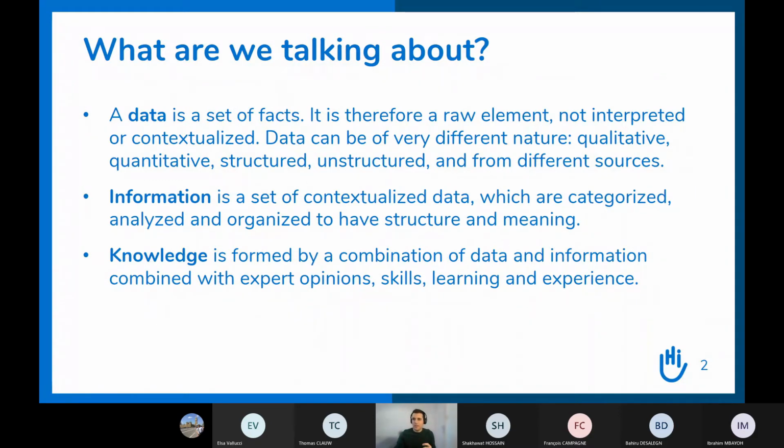Then you have information, and information is data where you have given context and some first level of analysis. So you start to have a structure and a meaning with information. And then above all of this, you have knowledge, which is a combination of information and data with expert opinions, skills, and learning.